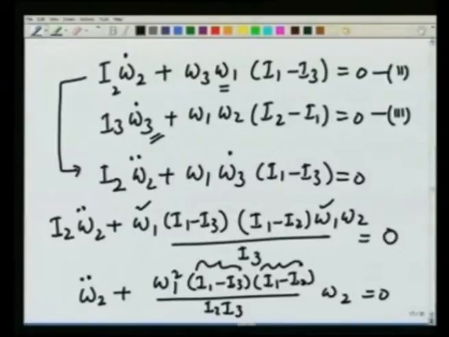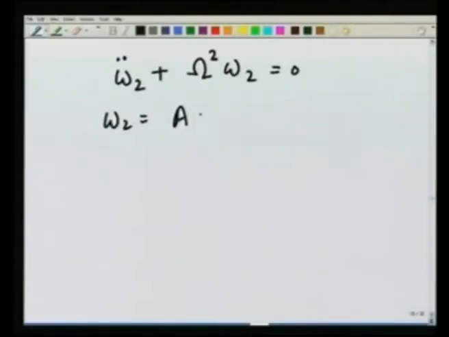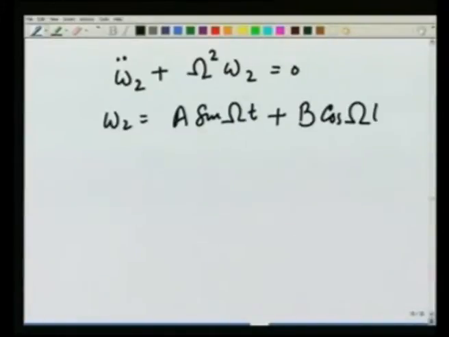Therefore, I get the equation for omega 2 double dot plus some positive number, let us call it omega squared, times omega 2 is equal to 0. And the solution for this I know is omega 2 equals some constant A sine omega t plus B cosine of omega t.